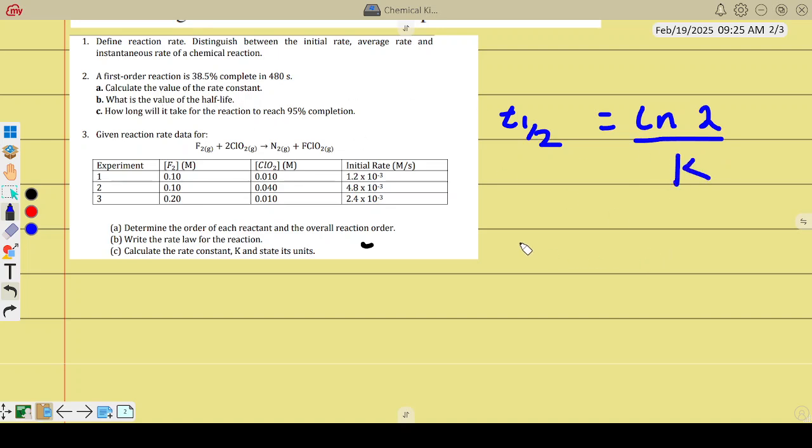They want us to find the value of k. So the value of k is ln 2 over what? Over the half time.